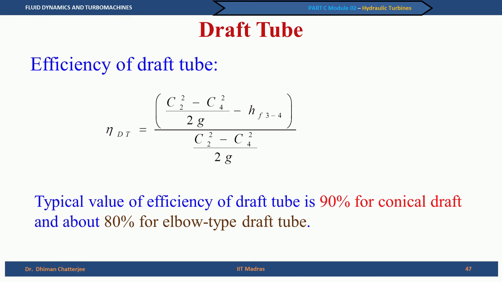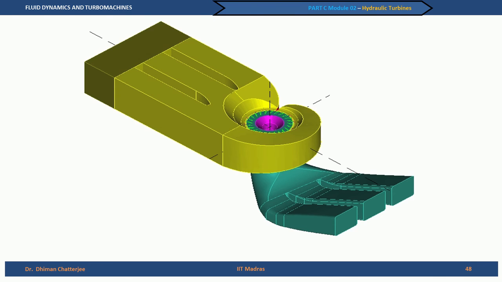I will talk more about this aspect of the draft tube when we talk about cavitation in hydraulic turbines in my next lecture. But right now you can note down that the typical value of efficiency of the draft tube is 90% for a conical draft tube and about 80% for the elbow type draft tube, which I showed earlier in connection with the Francis turbine model or the Kaplan turbine model, and I also show it here.